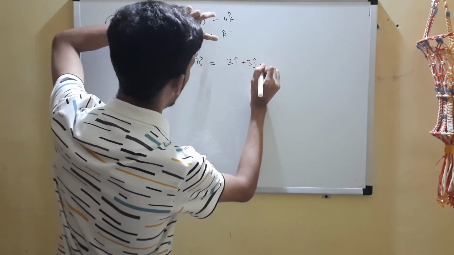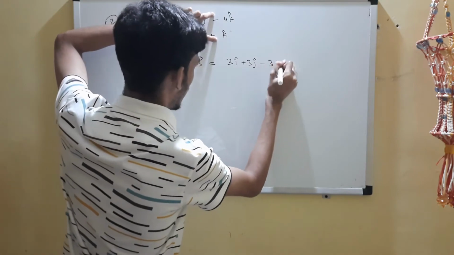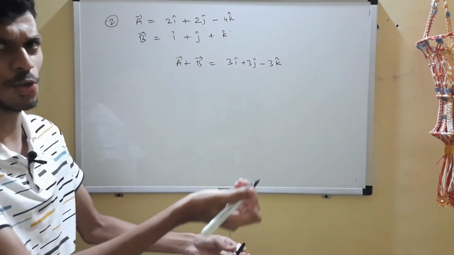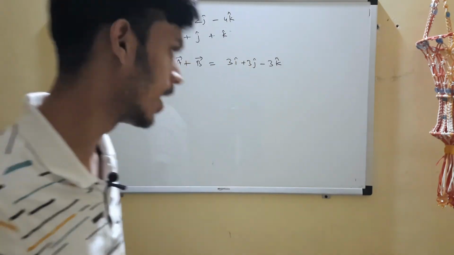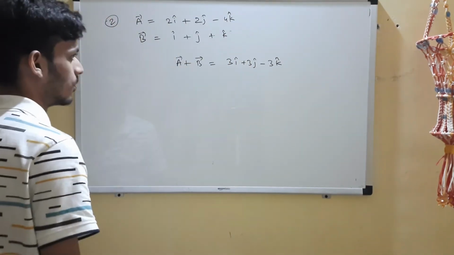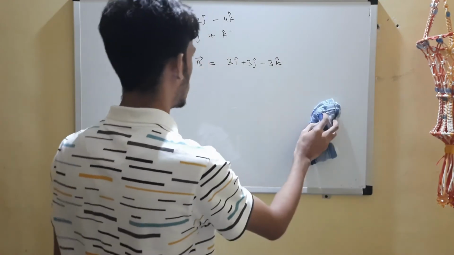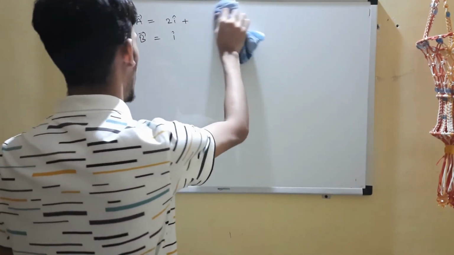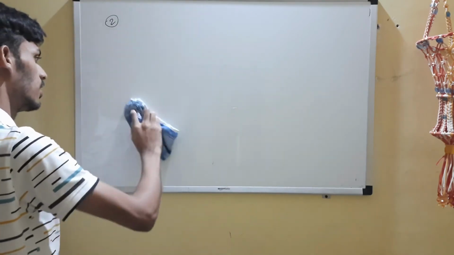Minus 4 plus 1, minus 3 k cap. So easy, right? So that was about the algebra of the components of vectors: how to add or subtract two vectors which are given in component form.